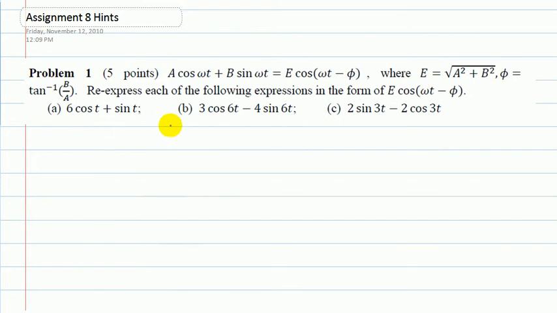So problem number 1 is pretty straightforward and asks you to simplify the addition of two same-frequency sinusoidal functions. The formula is given, and all you need to do is calculate E and calculate the phi angle based on the formula.